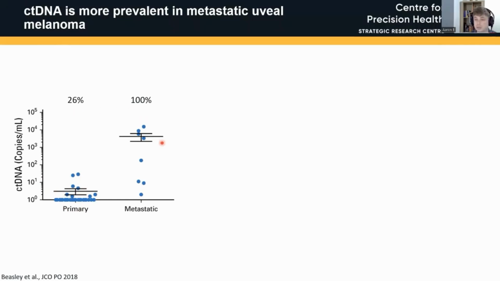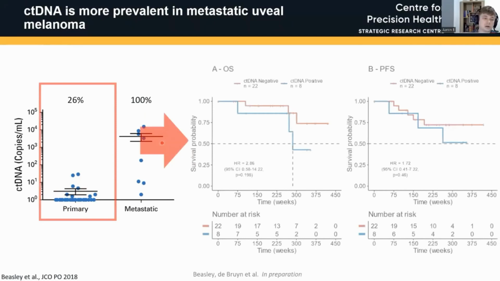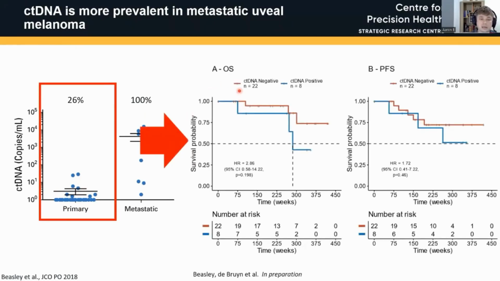Now, because we've been sitting on this data for about 5 years now, we wanted to look at whether or not these levels were associated with any survival differences or prognosis. So we found that there seemed to be a marginally higher hazard ratio for patients with higher ctDNA at this time point, but it was not significant. So it might be worth investigating in the future.